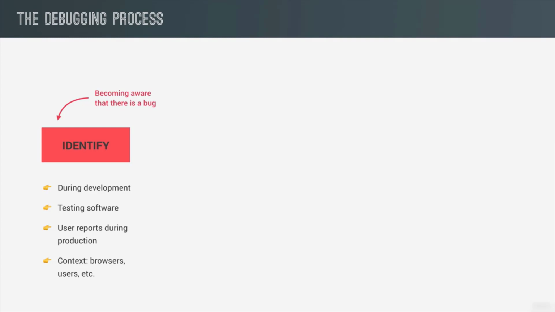Now, while identifying the bug, sometimes we also need to take into consideration the context in which the bug happened. For example, certain bugs might only happen in a certain browser or only for certain users for some reason. Next, once we know there is a bug, we need to go into our code and find the bug. We need to isolate where exactly it's happening.